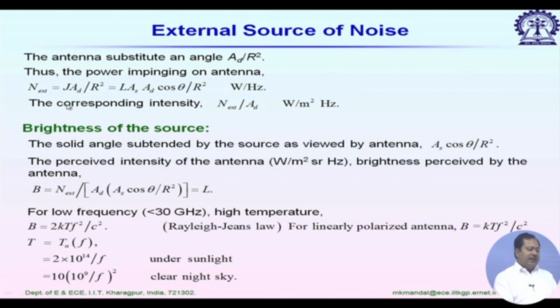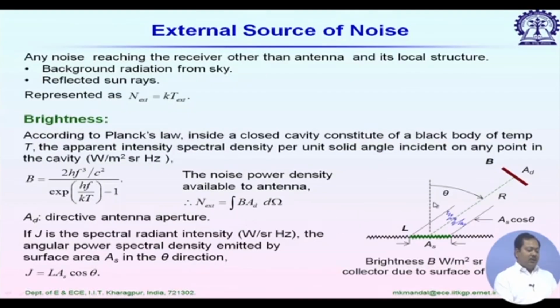So this is J AD by R square. Putting in the value of J, which we have seen is L AS cos theta, it becomes L AS AD cos theta by R square, watt per hertz. This is the total power received by the antenna from a surface area AS due to its radiance L.